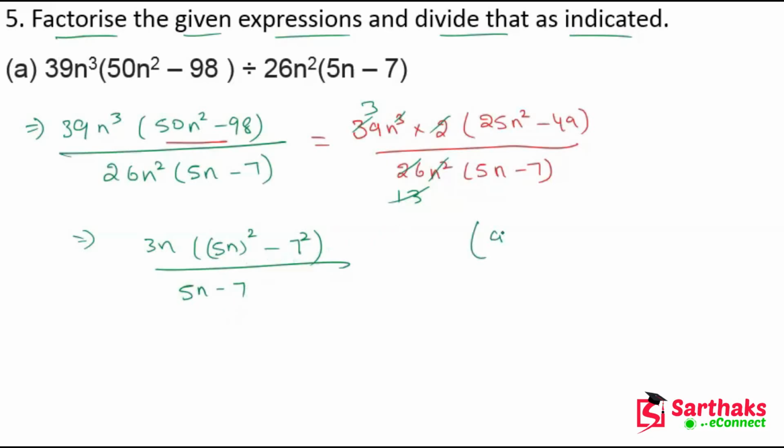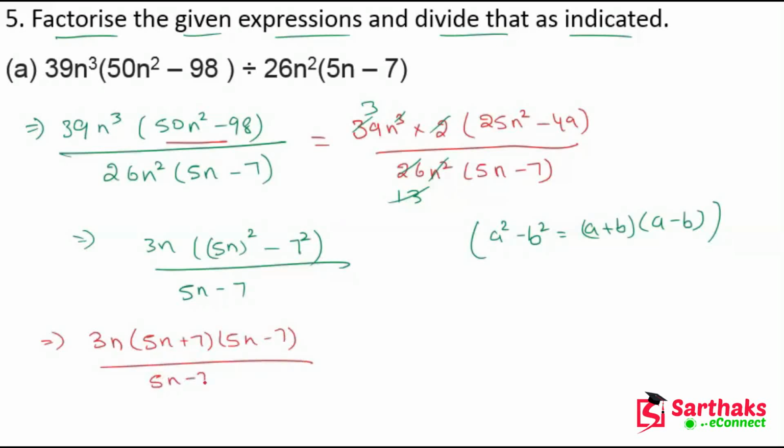Here we are using a square minus b square, which is a plus b into a minus b. So this will become 3n into 5n plus 7 into 5n minus 7, and it is divided by 5n minus 7.